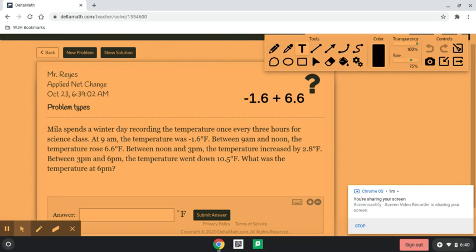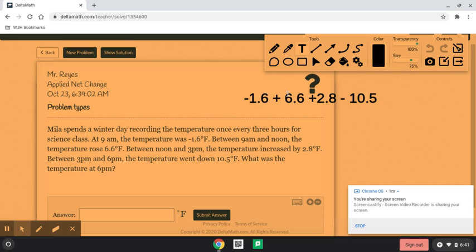Between noon and 3, it increased by 2.8, so plus 2.8. Then it went down by 10.5, so subtract 10.5. There we go. So we'll just go from left to right here.